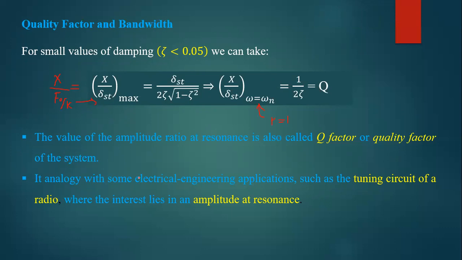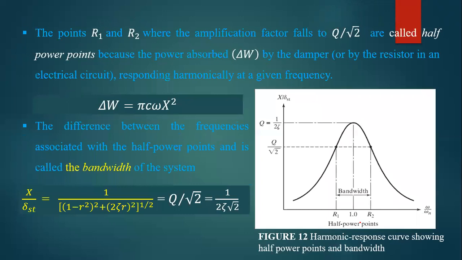It is analogous to electrical engineering applications such as the tuning circuit of a radio, where the interest lies in the amplitude at resonance. For example, we can see here the harmonic response curve, which shows the half power points and bandwidth.